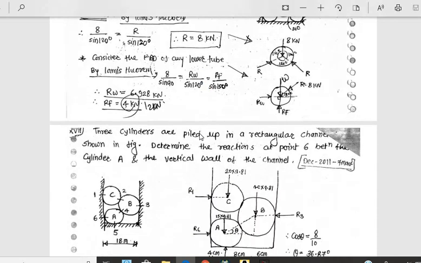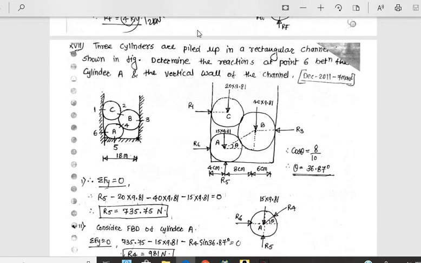Okay, next is three cylinders are piled up in a rectangular channel as shown in figure. Determine the reactions at point 6 between the cylinder A and vertical wall of the channel. So these are the three cylinders A, B, C. We have to draw the free body diagram. See, this is first R1, R2.